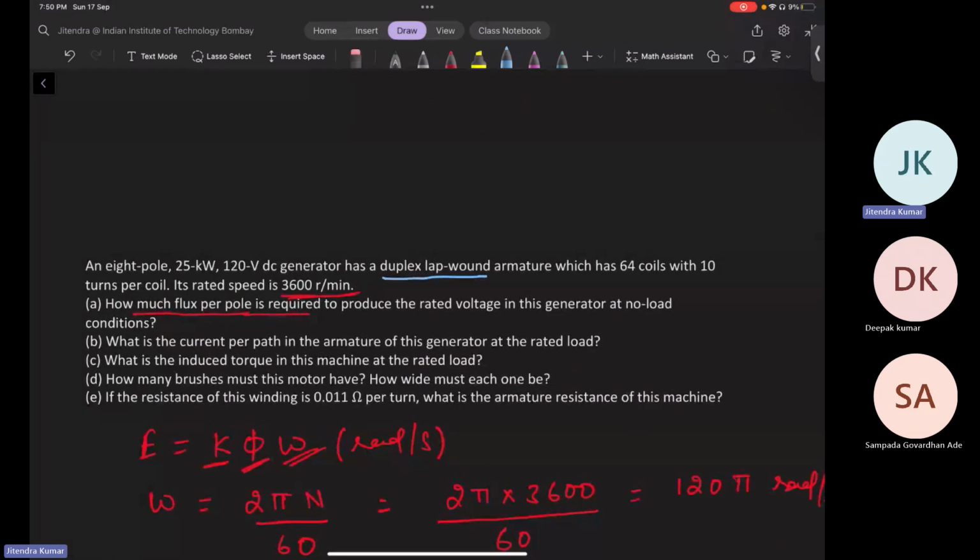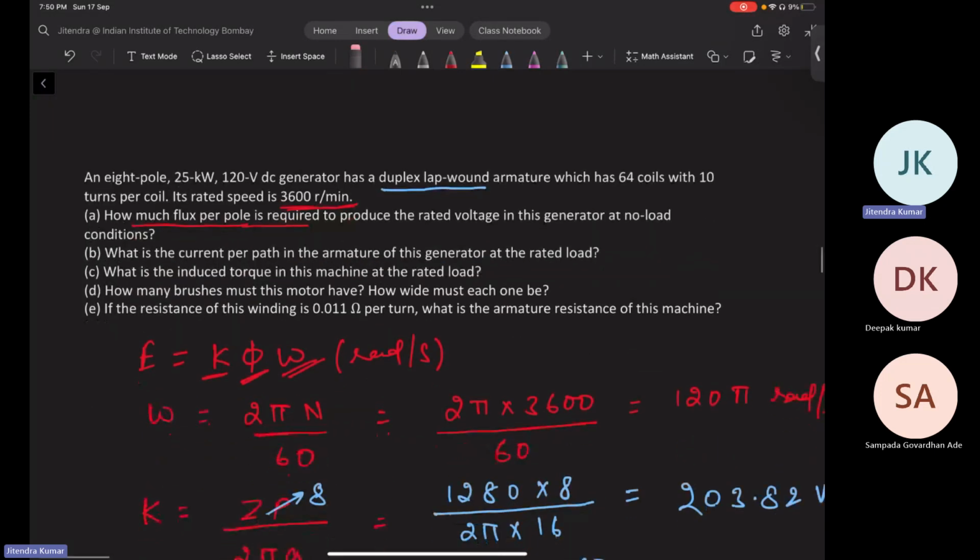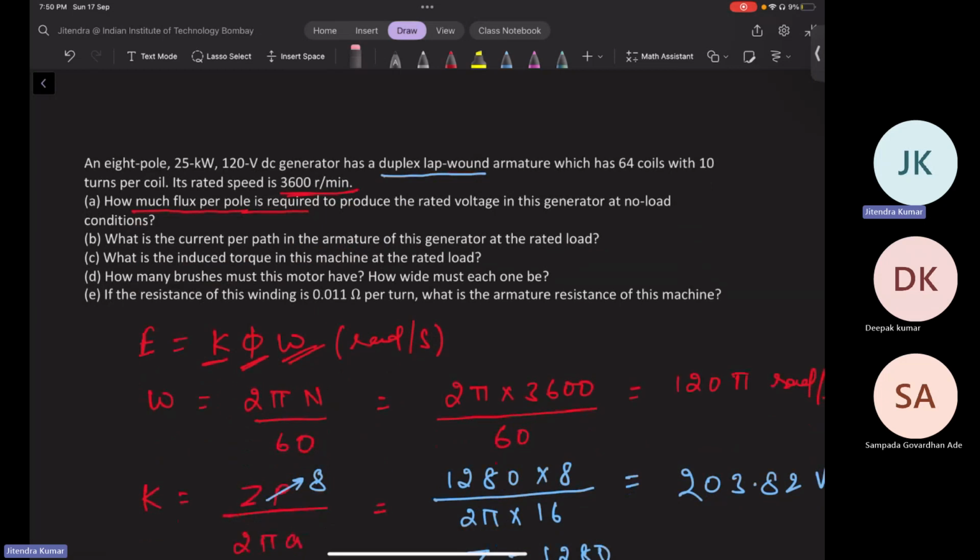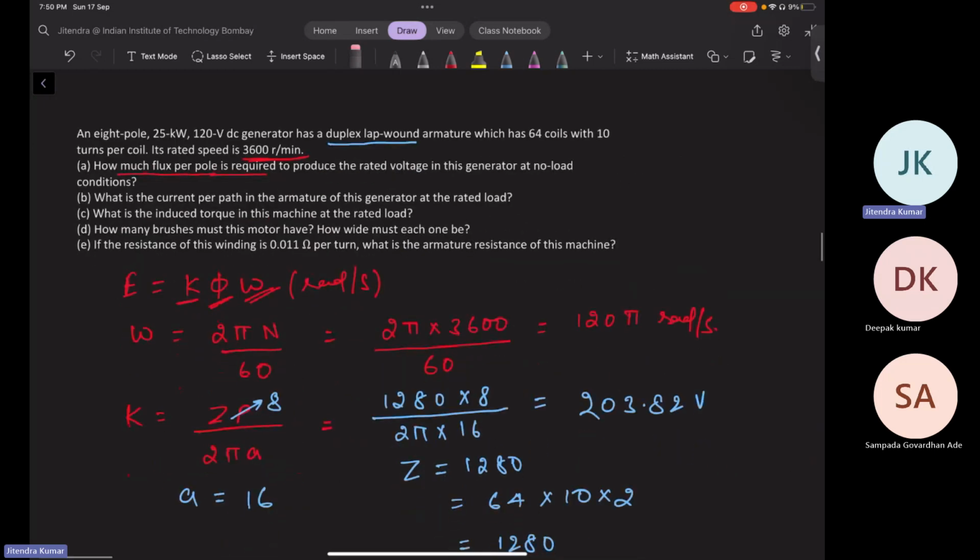Now the next four parts we are leaving for you. You do solve these questions. You let me know the answer either in comments or in Teams or in the next session. If you face any difficulty, also let me know.